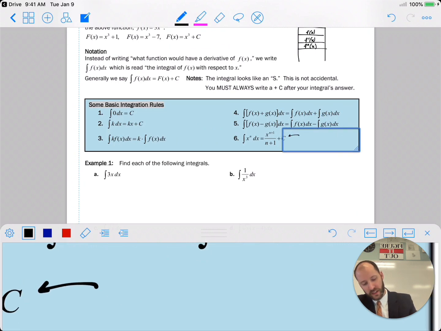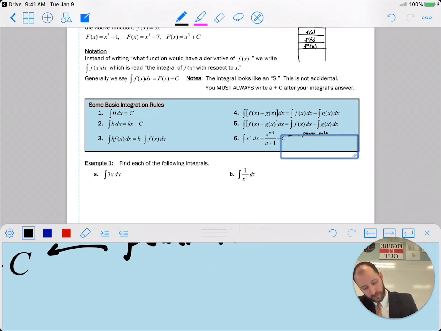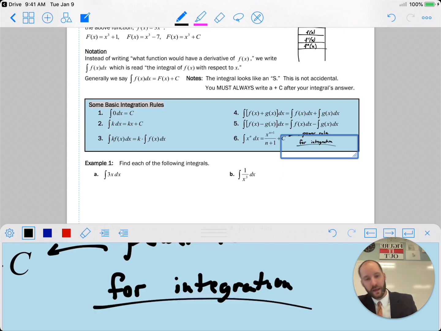Remember we started derivative rules by doing the power rule for derivatives, bring the exponent down, decrease the exponent by 1. Well, this right here is the power rule for integration. So kind of like inverse operations, you've got to undo everything that was done in the power rule for derivatives.